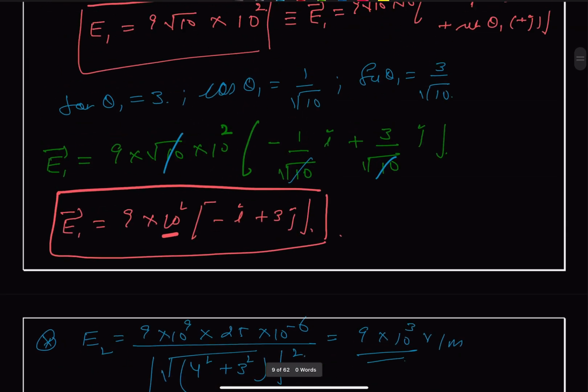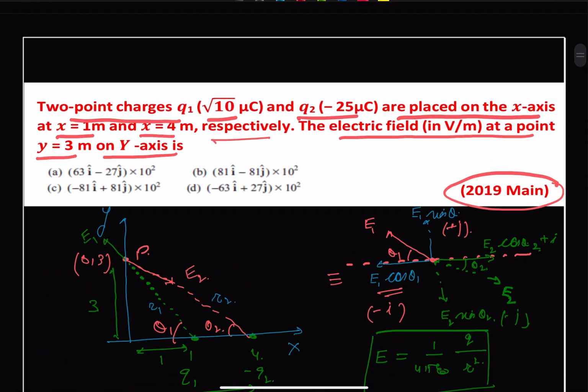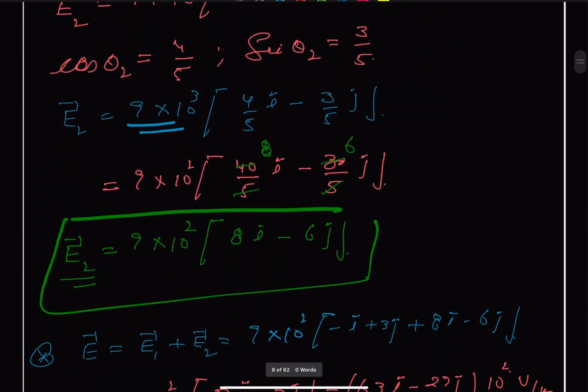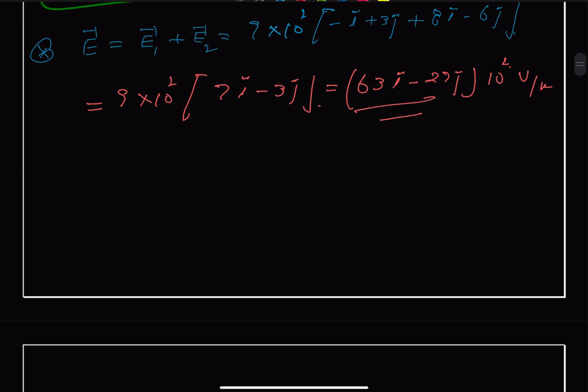So this comes as 63 and minus 27, so option A is correct.